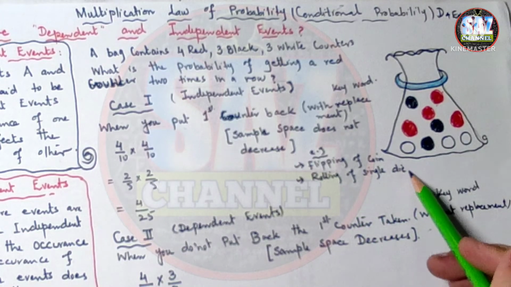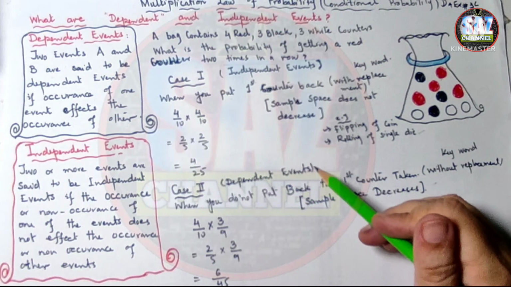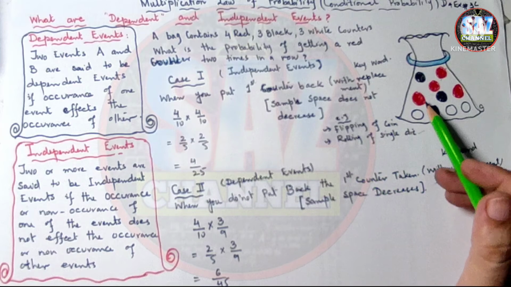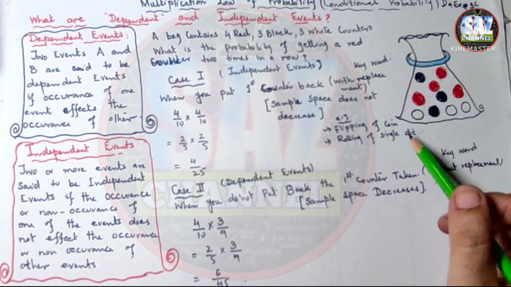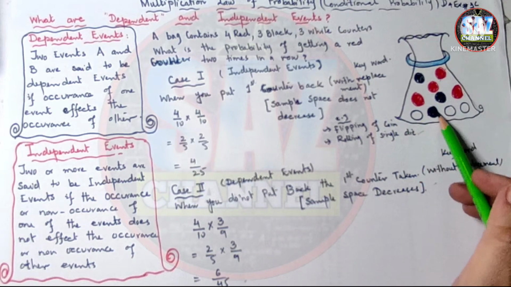Now case 2, what can happen in case 2? That can be the case that when we pick up the first counter from the bag, we are not putting that red counter back in the bag.